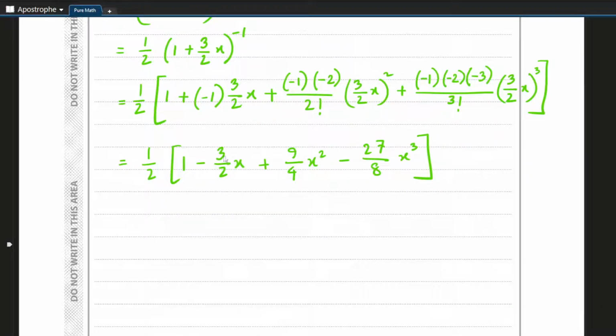Now if we multiply the half inside, we get half minus 3 over 4x plus 9 over 8x squared minus 27 over 16x cubed.